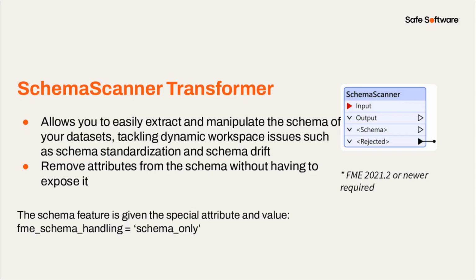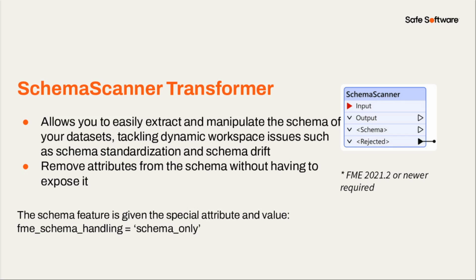The schema scanner transformer allows you to easily extract the schema from your data set, and how this differs from, say, a feature reader, which can read in your schema directly when you read in your data, is that you can use the schema scanner anywhere in your workflow. So you can have this placed right before your dynamic writer and have it rescan the schema, make sure the schema is correct, and you can even use a couple different parameters in there to adjust the data types and bulk remove any attributes that you want to remove.